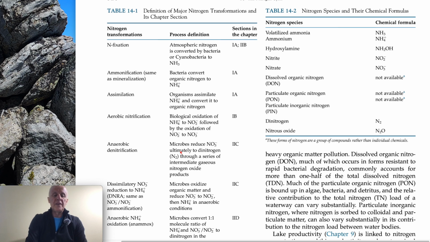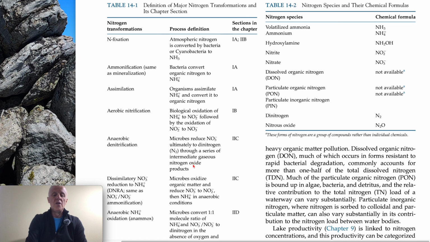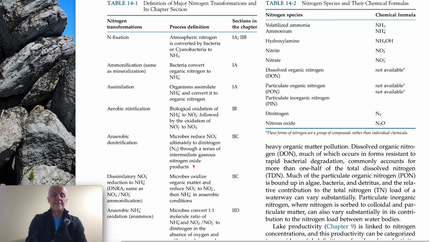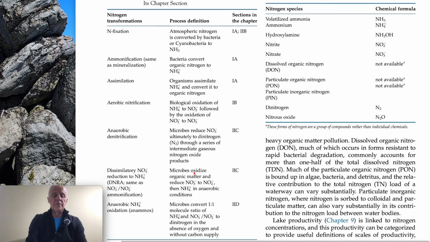Anaerobic denitrification, microbes reduce nitrate ultimately to dinitrogen and through a series of intermediate gaseous nitrogen oxide products. Dissimilatory nitrate reduction to ammonium, DNRA, same as nitrate to nitrite, ammonification.